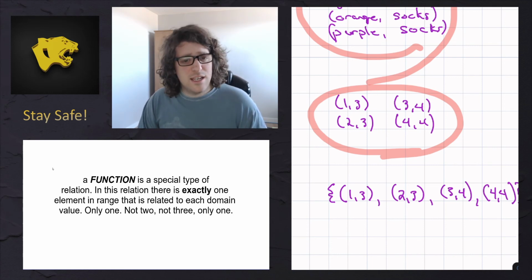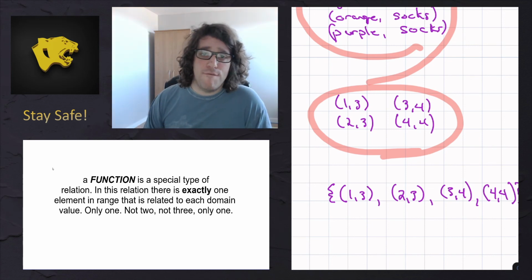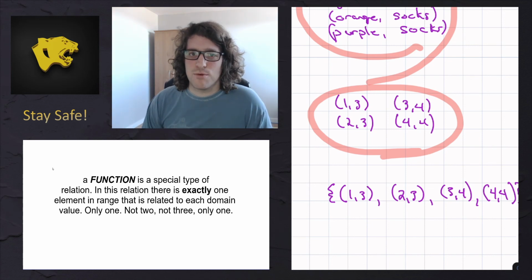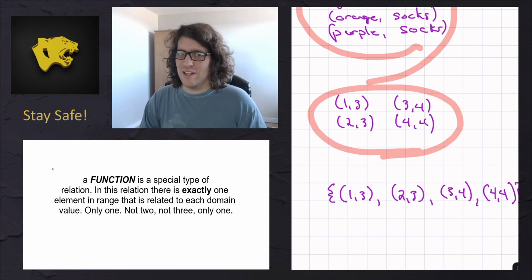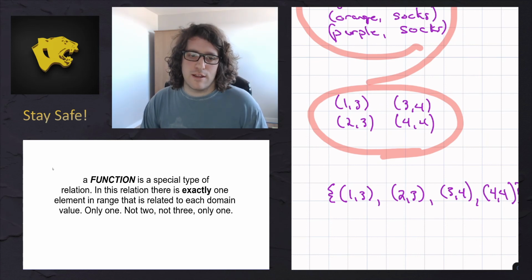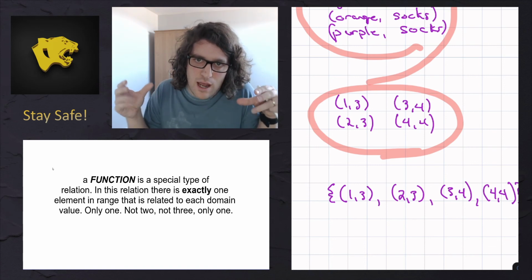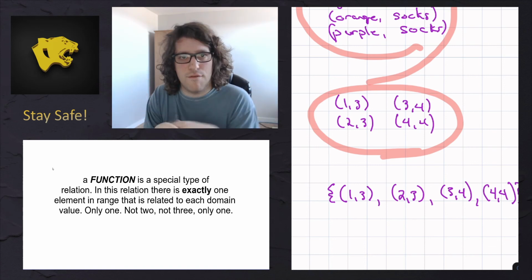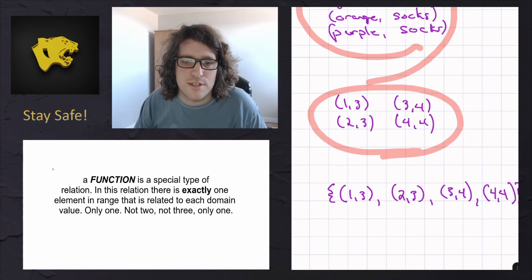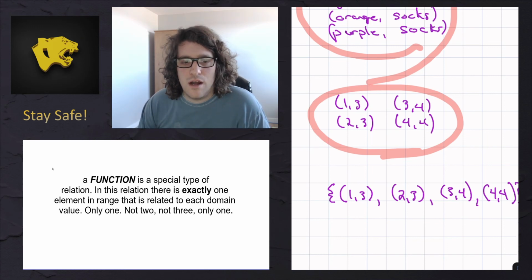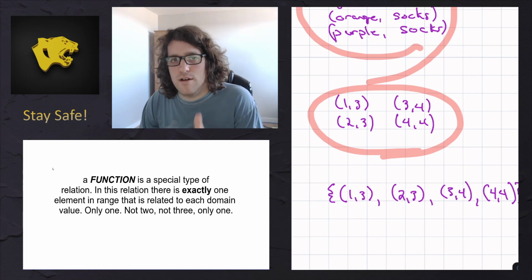But the idea here is that a function will classify as a relation, but not all relations will classify as functions. A function is a specific set within the overall idea of relations. In this realm of stuff that we're talking about, there is a very specific rule that's written down here.